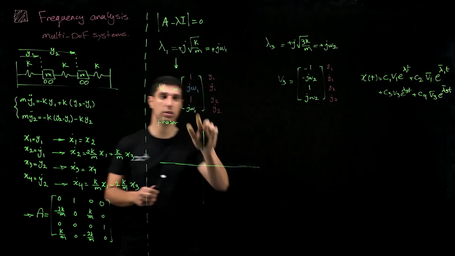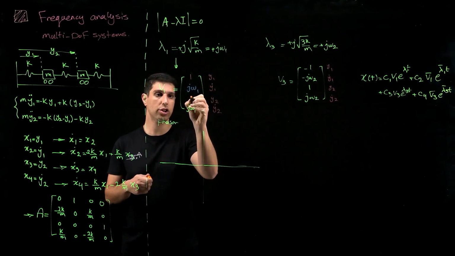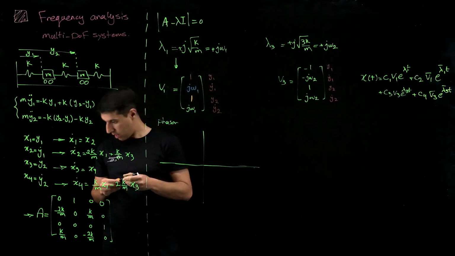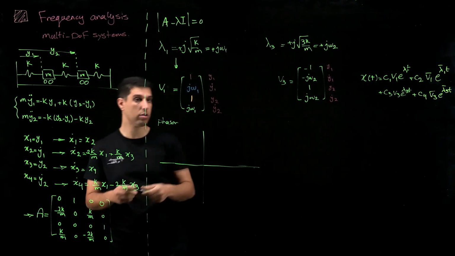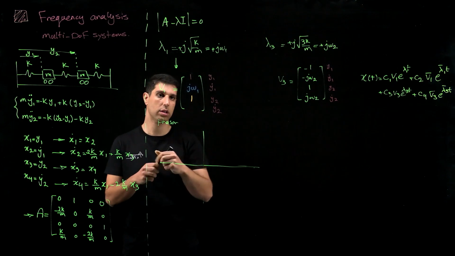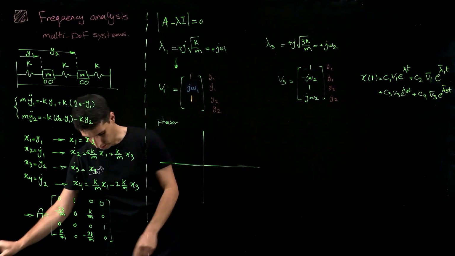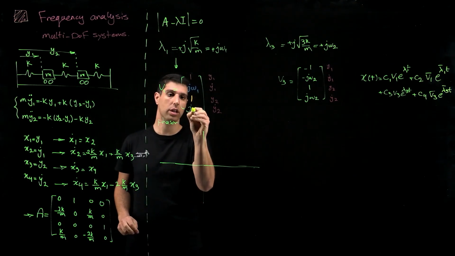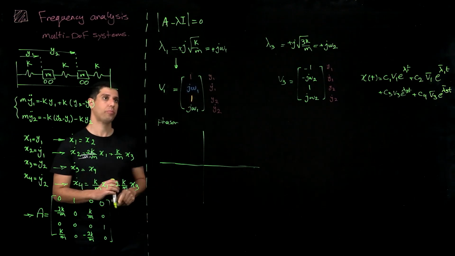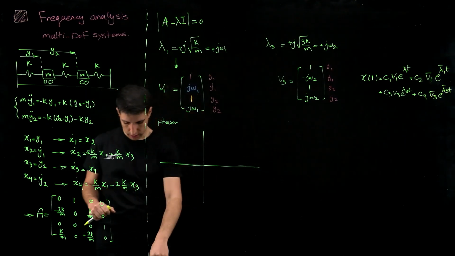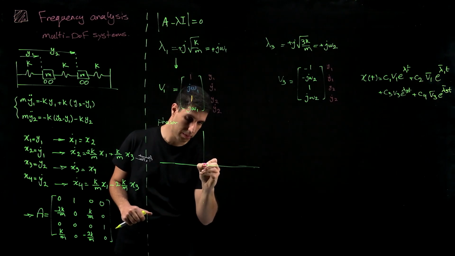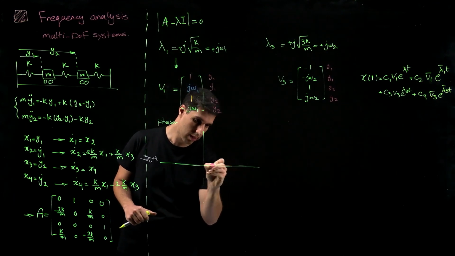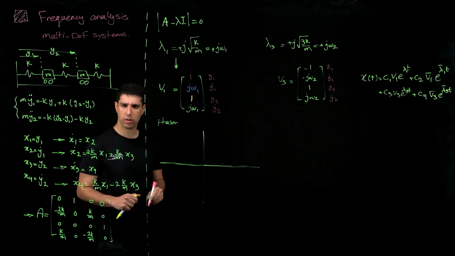Another one, let's make it orange. I don't know if this green works. Oh, well, this is good. j omega 1. So this one is just a simple real number. So this is my... Oh, you can't see.